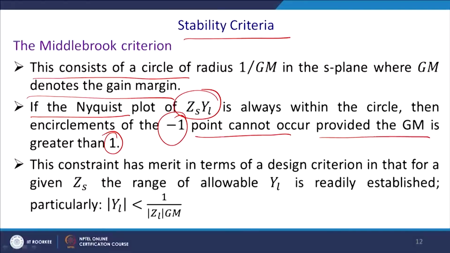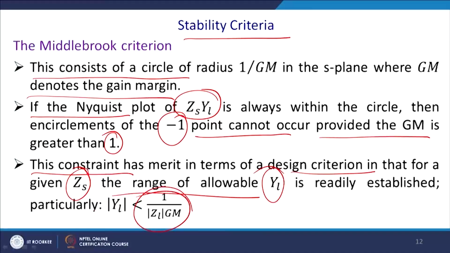The constraint has a merit in terms of the design criteria, in that for a given source impedance, the range of the allowable load impedance, that is load admittance YL, is readily established, and in particular the load admittance, the mod value, should be less than 1 by ZL into GM.